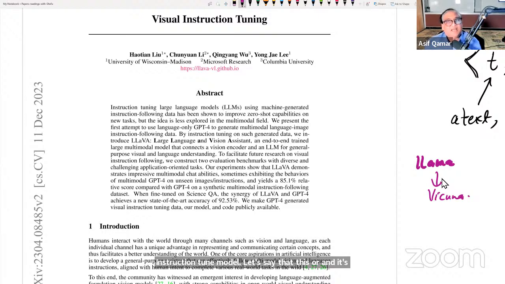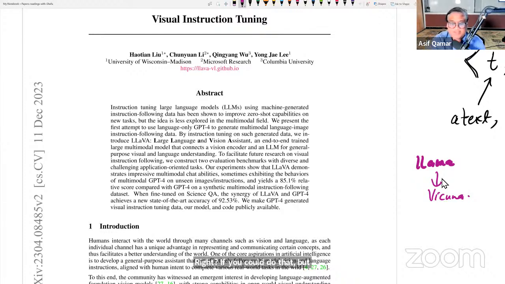We take that and say let us give it visual instruction tuning. It means we can give it images in a structured format, tell it what this image means, and what answer it has to produce. But first of all, you would need data, right?